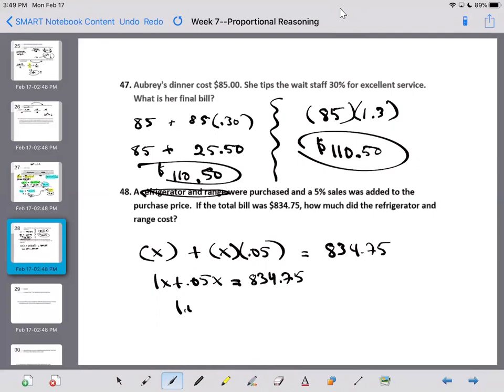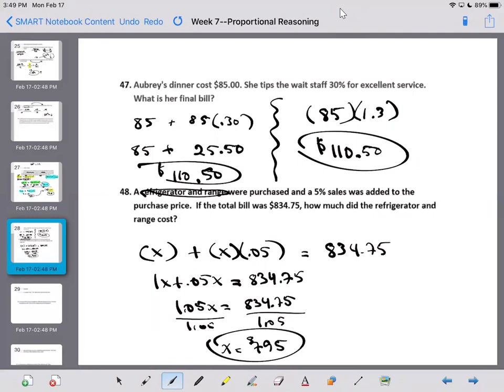This would be 1.05x. So you see where that 1.05 is coming from. So you take $834.75 divided by 1.05. And your amount was $795 for both of those items.